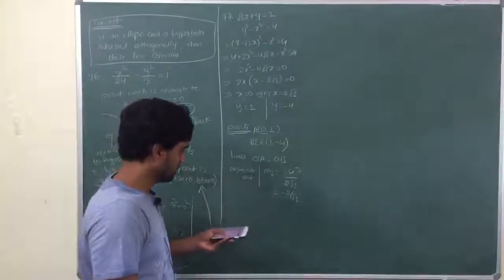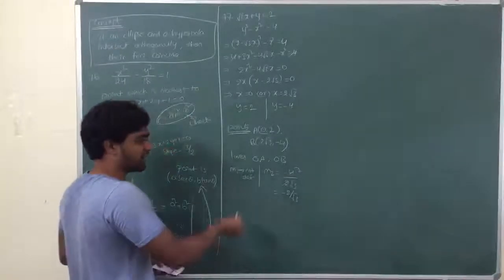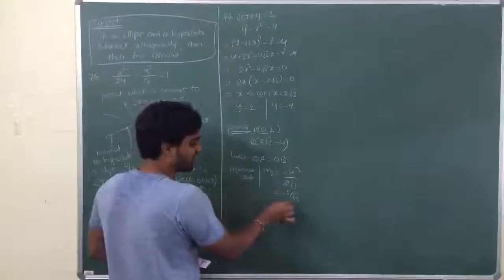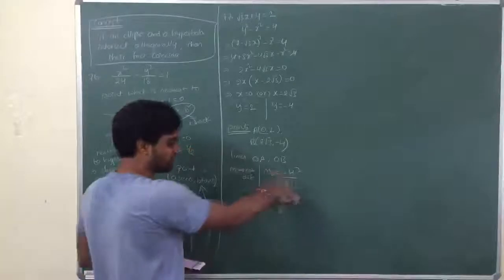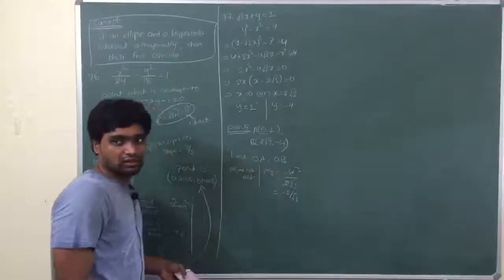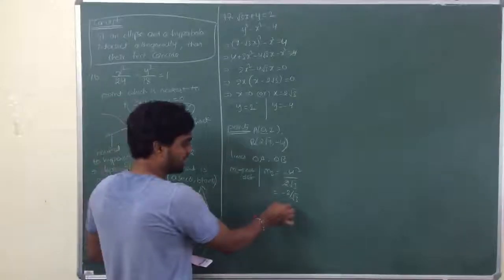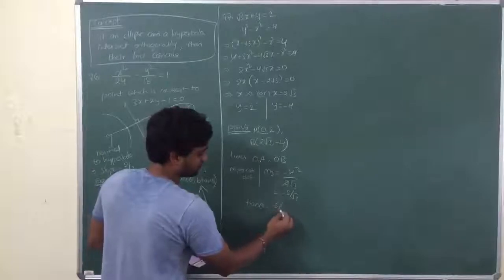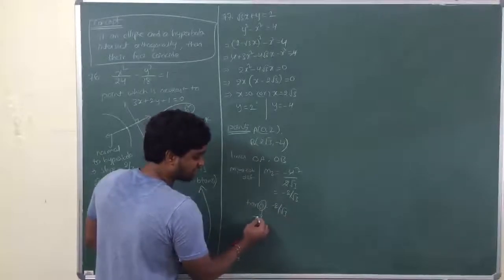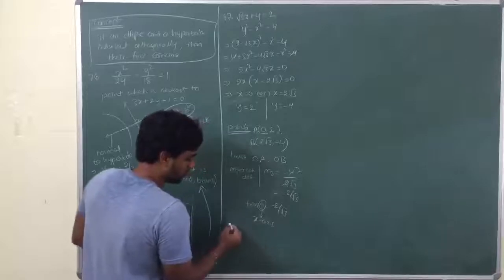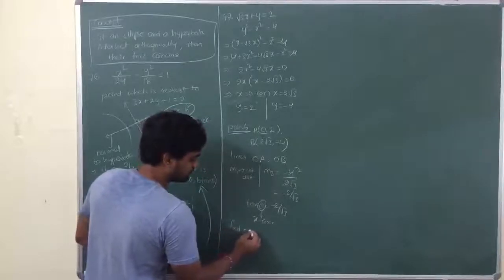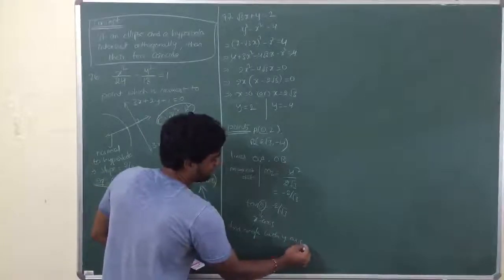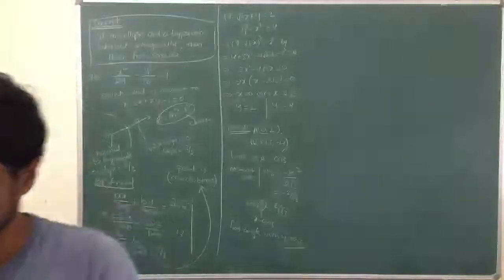So mod of M1 minus M2 is the formula for angle between OA and OB. So basically, angle between y axis and this line. You have to find the angle between y axis and this line. So tan theta is minus 2 by root 3. Theta is with x axis here. Now find angle with y axis.